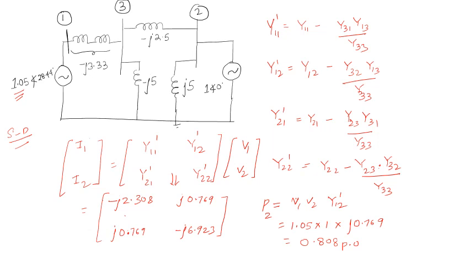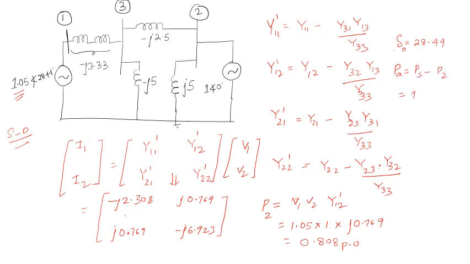Now if I want to calculate the accelerating power, I know that our delta was operating at 28.44, the initial angle. Now the accelerating power, I can write, during the fault is PS minus P2 sine delta 0.